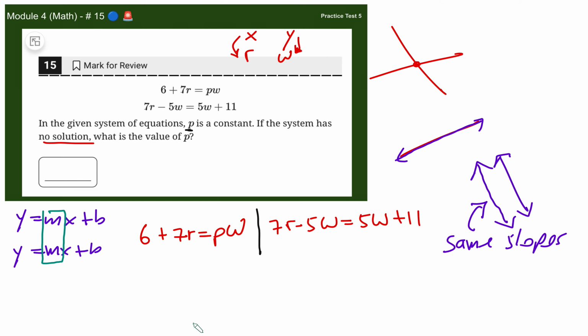Remember, we want it as y equals mx plus b. So this w is our y, right? That w is our y.